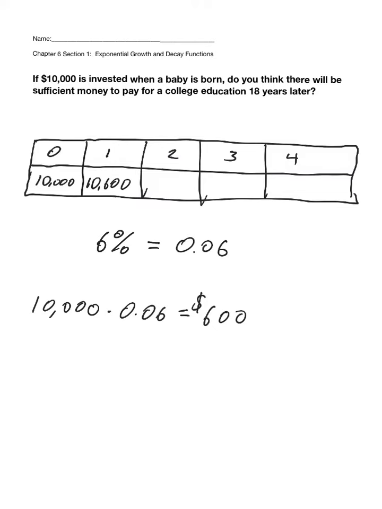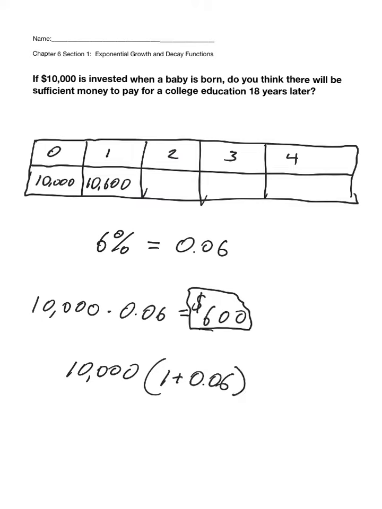Well, what happens when I continue to do that? First of all, the formula that I'm using is not as useful as I'd want it to be, because it only gives me the amount of money that I added on to the previous year. What might be useful is a formula that computes exactly how much I would have after that first year. To do that, we take the $10,000 and, instead of multiplying by 0.06, we multiply by 1 plus 0.06.